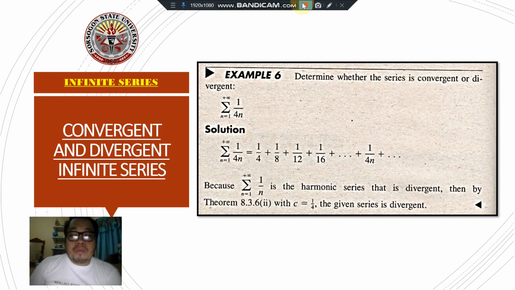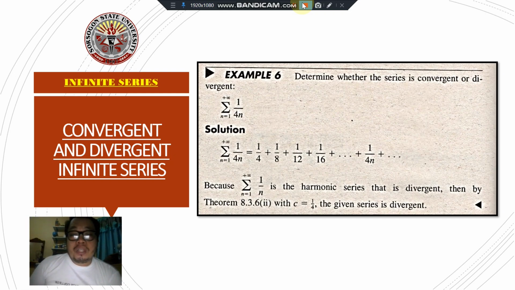Now, in connection with such theorem, let's have an example. So here in example number 6, we're going to determine whether the series is convergent or divergent. So given the infinite series, the summation of 1 over 4n, where n equals 1 to positive infinity.